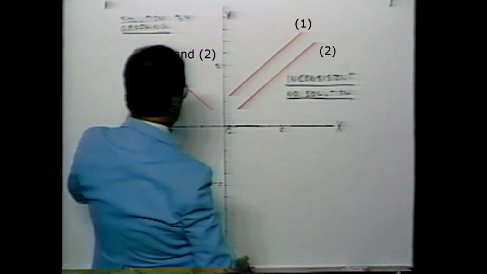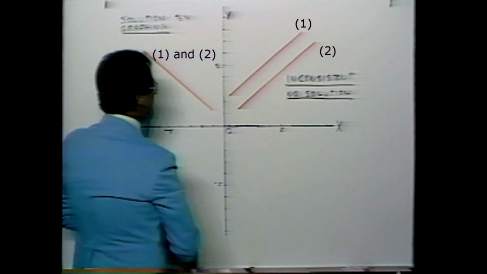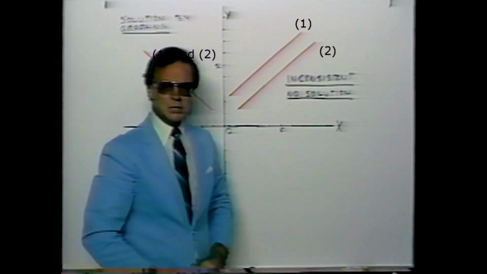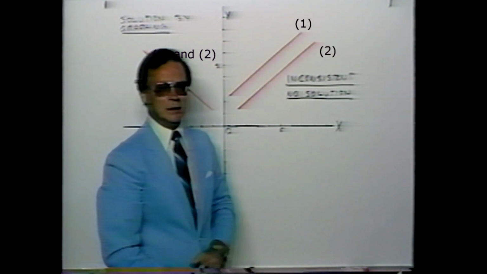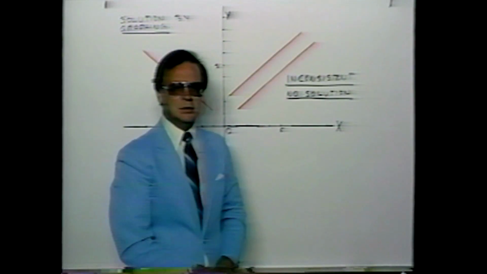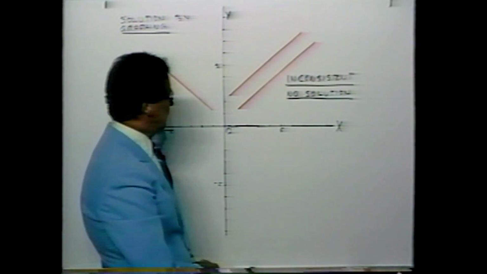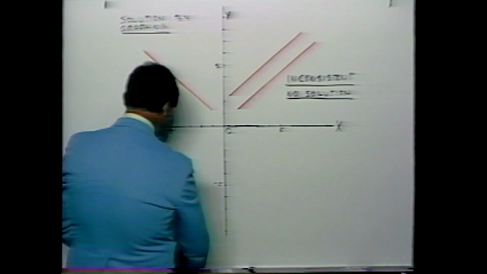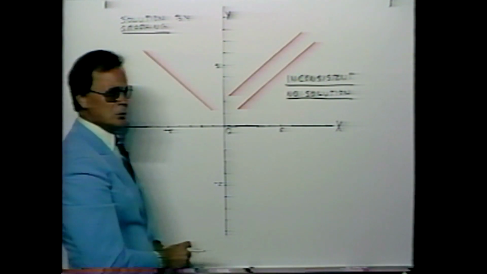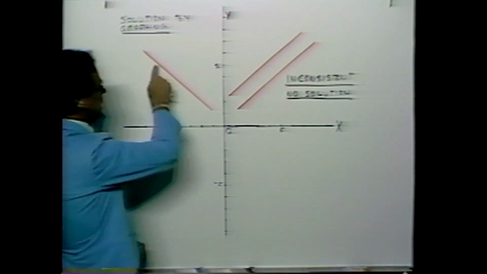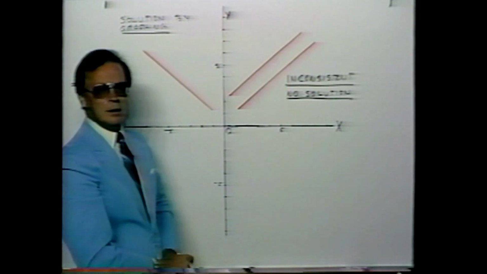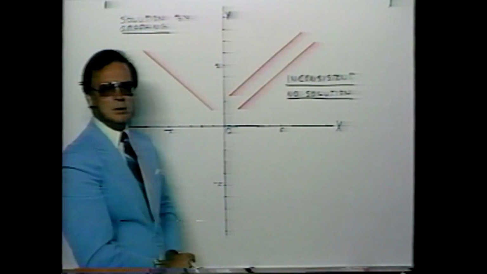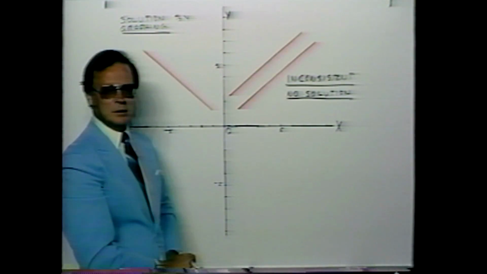Now that single line drawn on the board represents two equations actually, where the lines coincide. Now, every point along that line is a solution to the system. In other words, we have an infinite set of points which can be used to solve the system.